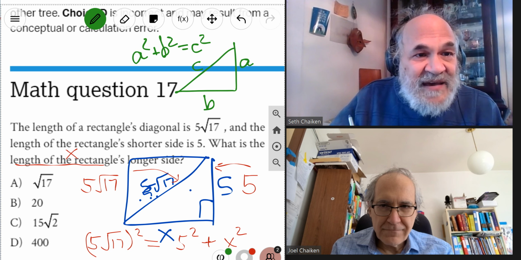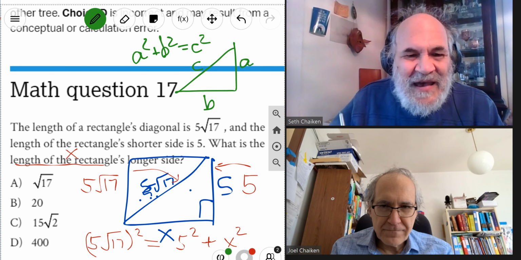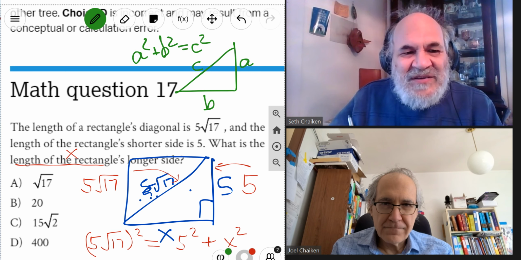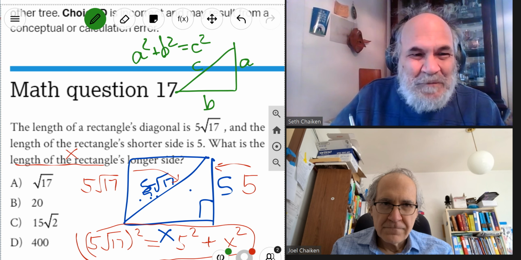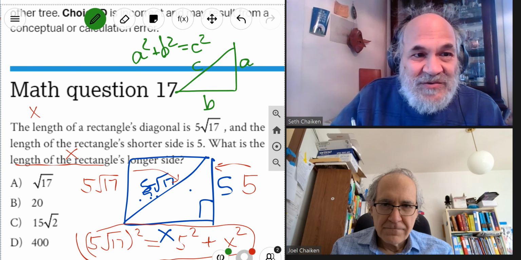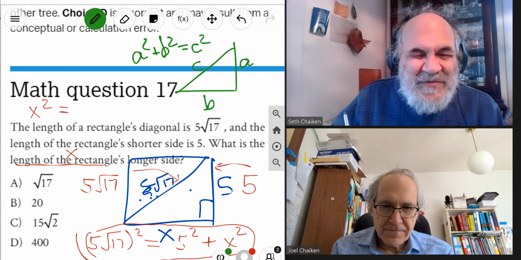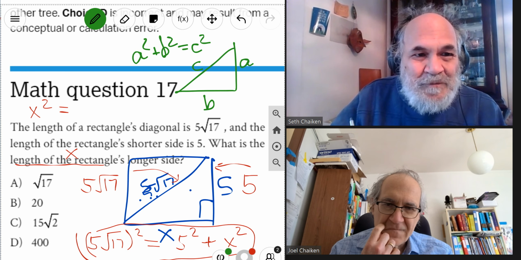Let's call that x. And you need to find x. So here's an equation for x squared. So you solve for x. And the way you solve for x is first solve for x squared. x squared equals, subtract 5 squared from both sides.